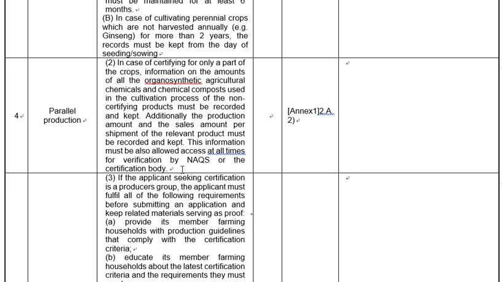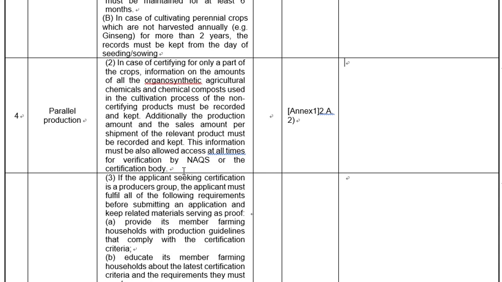So the inspector has to verify all the records for the uncertified field or the materials used in the non-organic field, to verify that conventional materials are not used on the organic field.